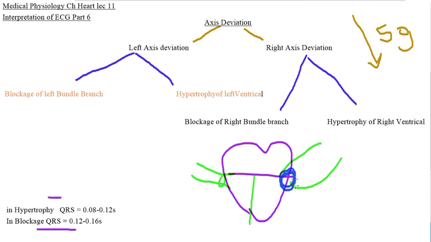In some diseases or abnormalities, there is narrowing of this valve. As a result, the left ventricle has to contract with a greater force so that it can pump blood to the aorta and different types of tissues or peripheral blood vessels.